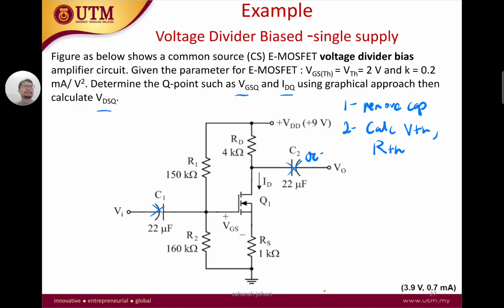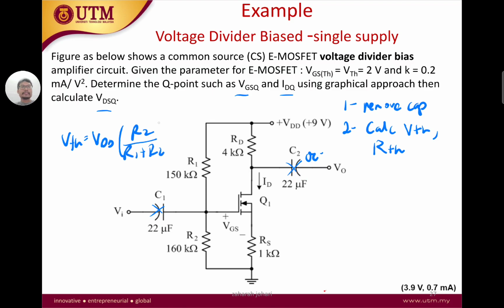In this case, to calculate VTH, VTH is simply VDD times R2 over R1 plus R2.